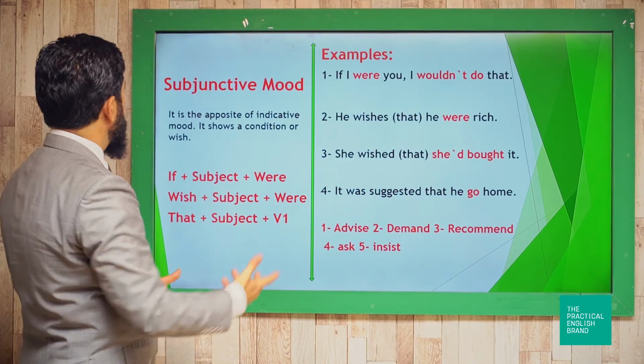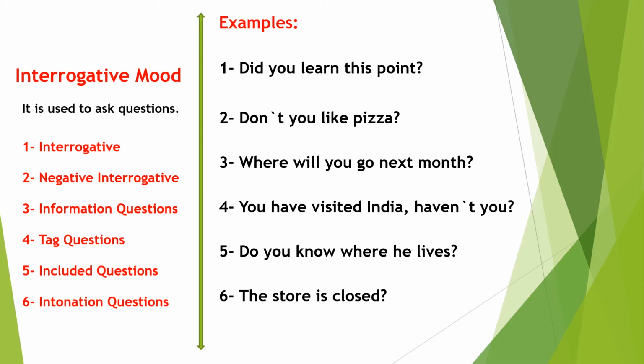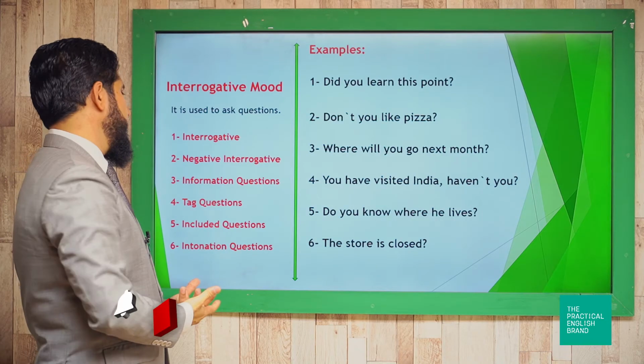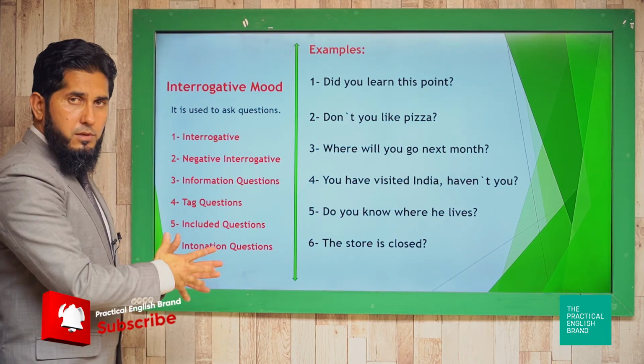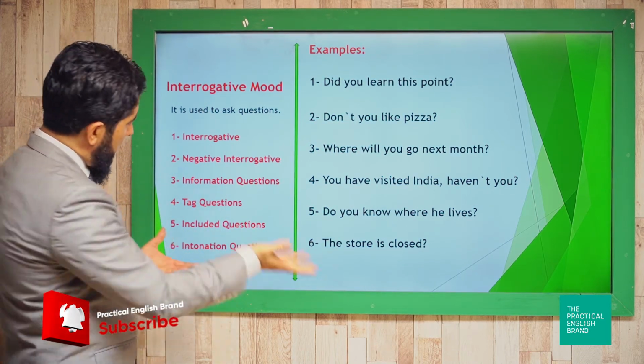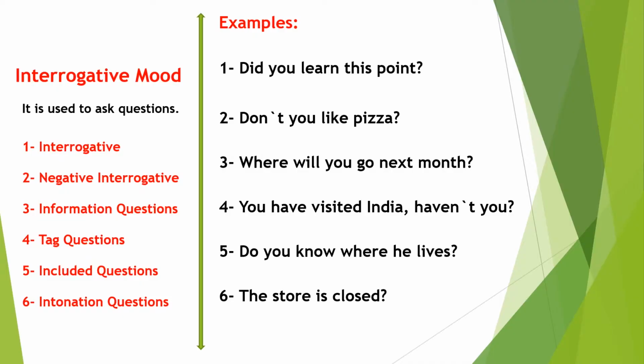So now let's move to the last mode, which is interrogative mode. Look, we can put all of these categories of questions under this mode. Okay, so interrogative mode is used to ask questions.